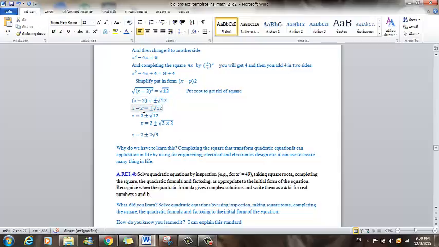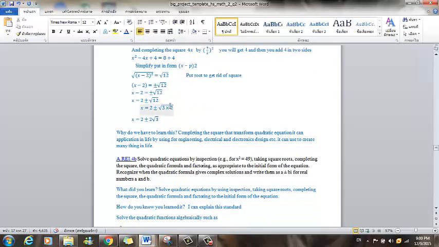So x minus 2 equals plus or minus root 12. Now no need to simplify, sorry.